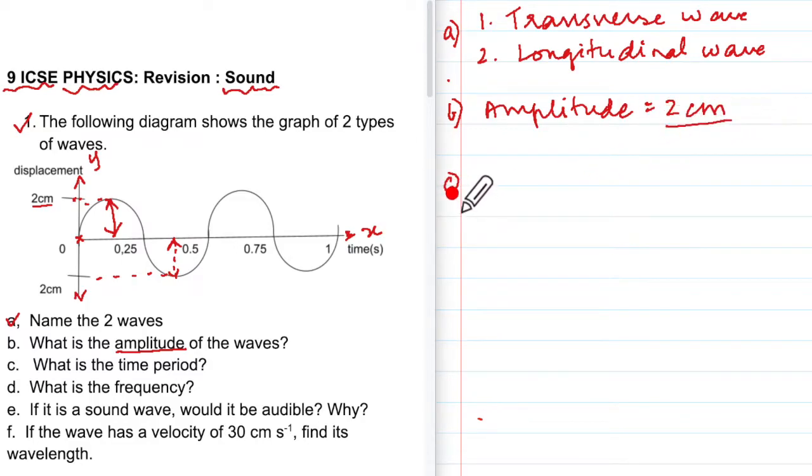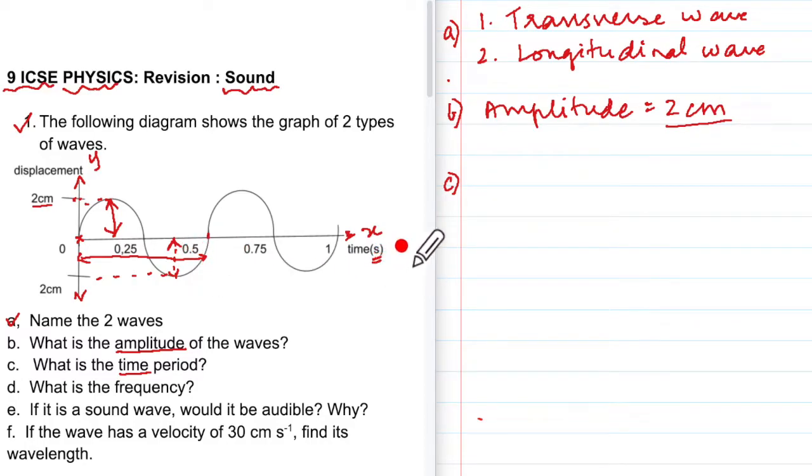We come to C. What is the time period? So now for time period, what is time period? It is time taken for one complete to and fro motion. Okay, so we have from here to here. This is going to be one wave, but on the time axis from here to here is 0.5 seconds.